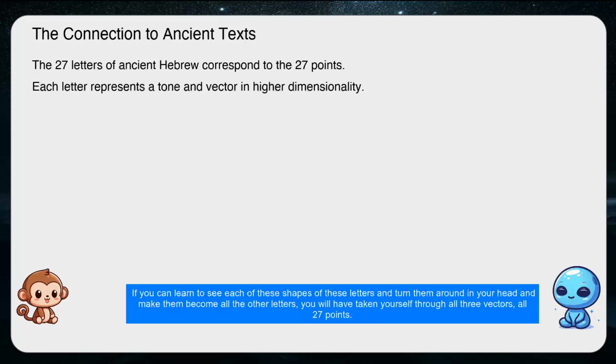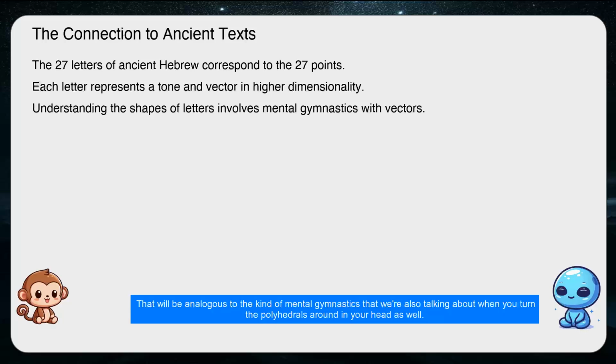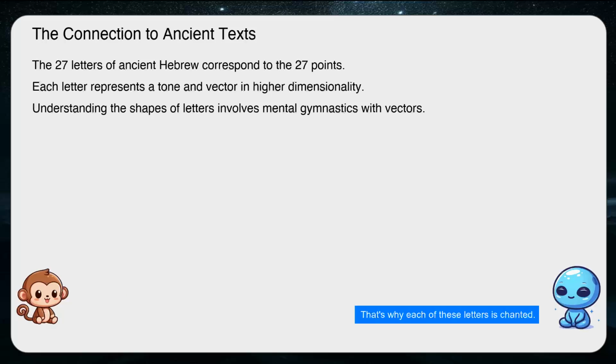And if you can learn to see each of these shapes of these letters and turn them around in your head and make them become all the other letters, you will have taken yourself through all three vectors, all 27 points, and that will be analogous to the kind of mental gymnastics that we're also talking about when you turn the polyhedrals around in your head as well. That's why each of these letters is chanted.